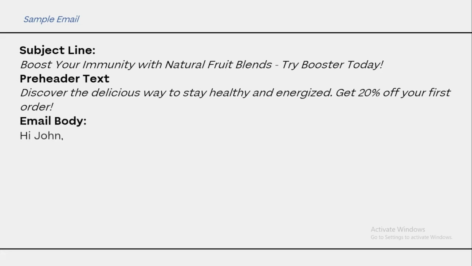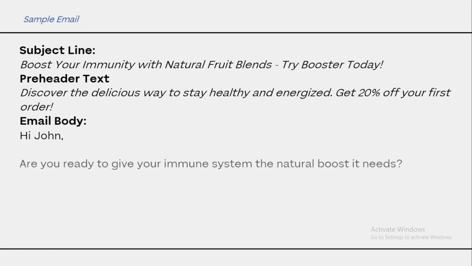So in the email body, we started with personalization. Hi, the first name of your audience, right? Or your user. Hi, John. Continue with, are you ready to give your immune system the natural boost it needs? So this is the body of the text. We are continuing.